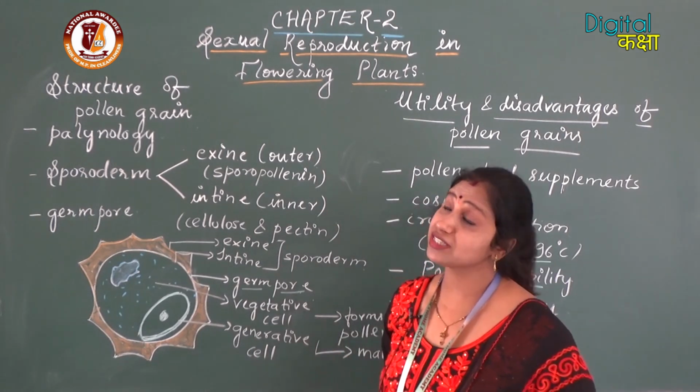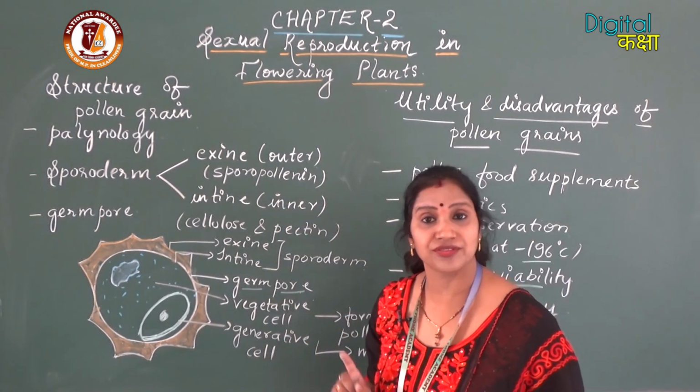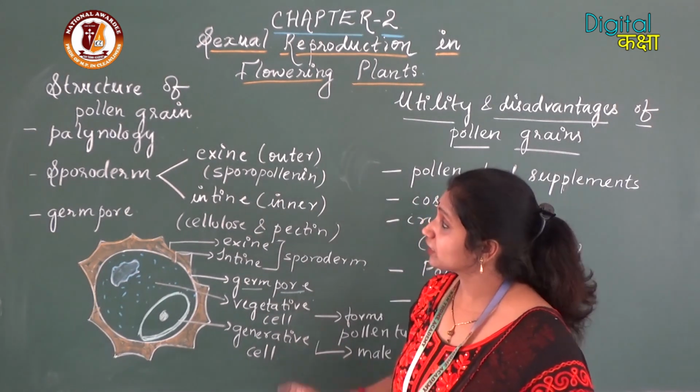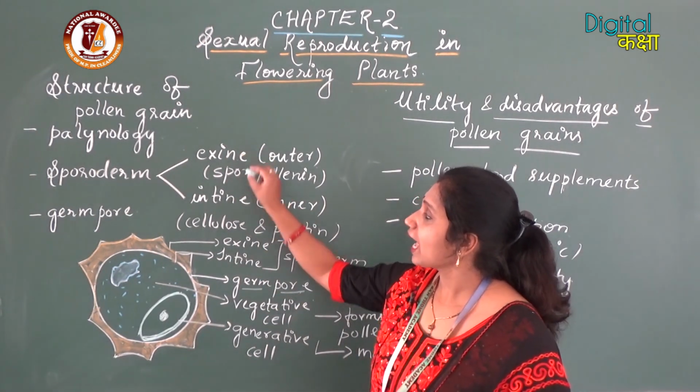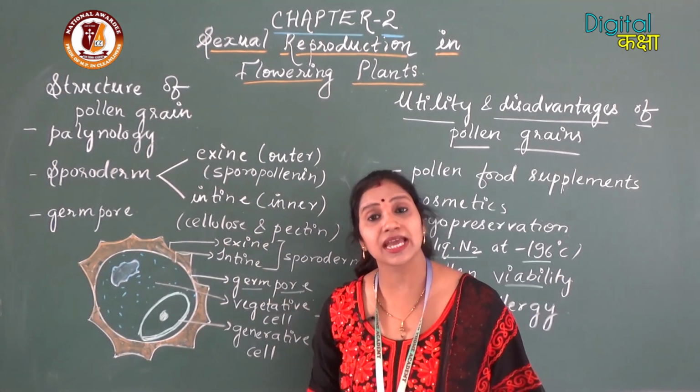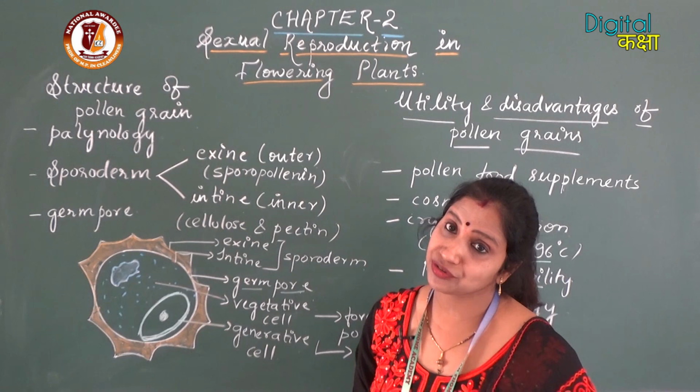After that, we discussed the structure of the pollen grain, in which we studied the outer layers, that is exine and intine, and inner to these layers two cells, the vegetative cell and the generative cell.